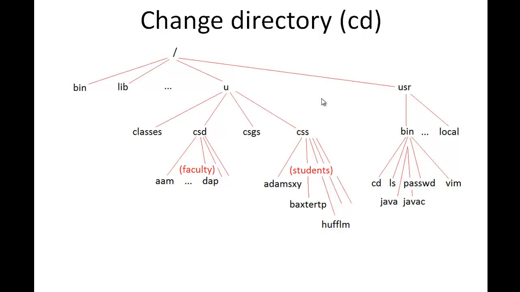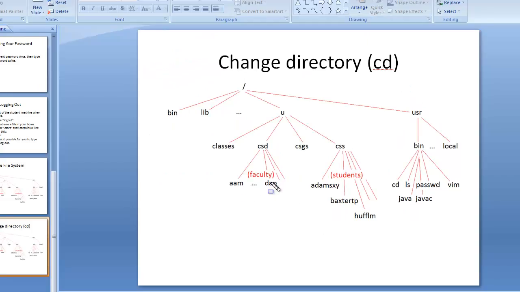If you are in a folder on the machine, like if I'm in my folder here, and let's say I wanted to go to this folder and look at something that XY Adams has produced, I would need to change directories. To change from the DAP directory to Adams XY, one thing I can do is start at the root and specify an absolute path down to Adams XY.